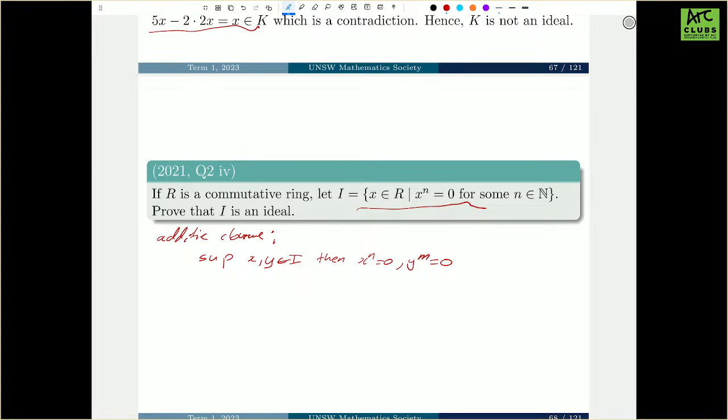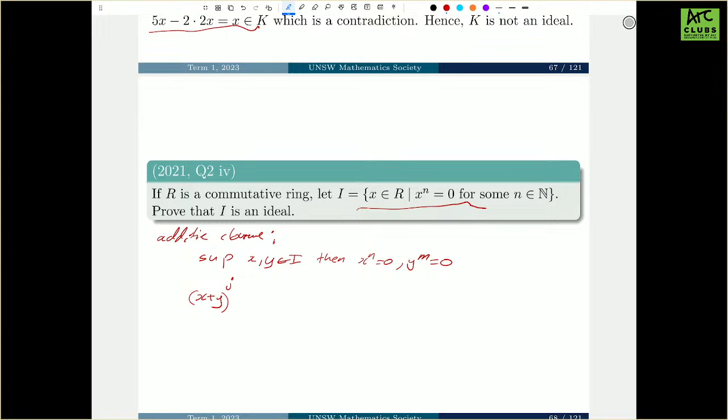Now, let's consider x plus y to the, I'm going to call this something different just so I don't get confused. Call this J. We need to find some J such that (x plus y) to the J is 0. So let's think about that. What should our J be?